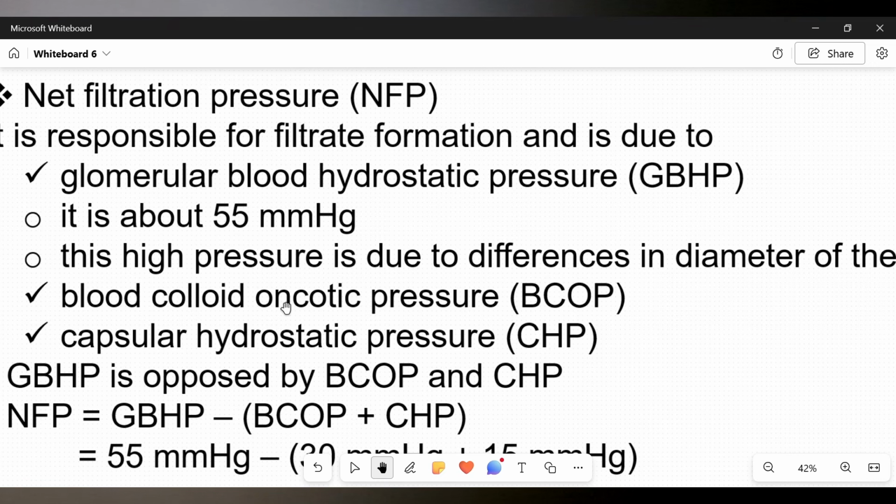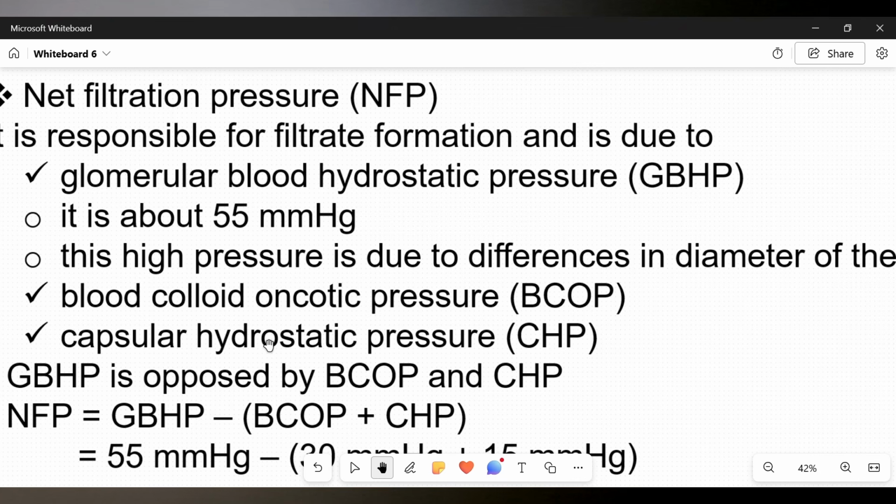That higher concentration of solutes creates an osmotic pressure that permits water to only come in but not move out. That is the same thing that is happening here. The blood inside the glomerulus also establishes an osmotic pressure. This osmotic pressure is going to oppose filtrate formation, whilst glomerular blood hydrostatic pressure is enhancing filtrate formation. It meets an opposition called blood colloidal oncotic pressure.